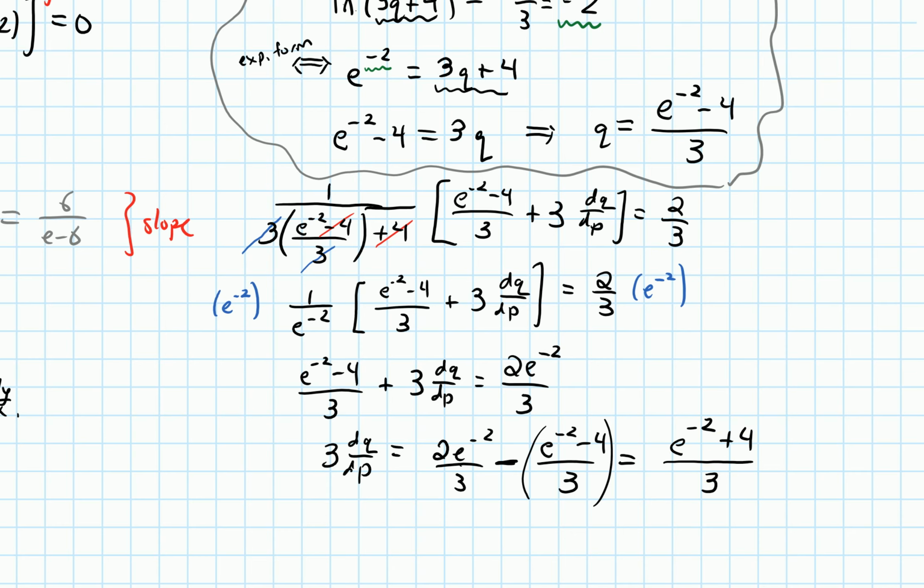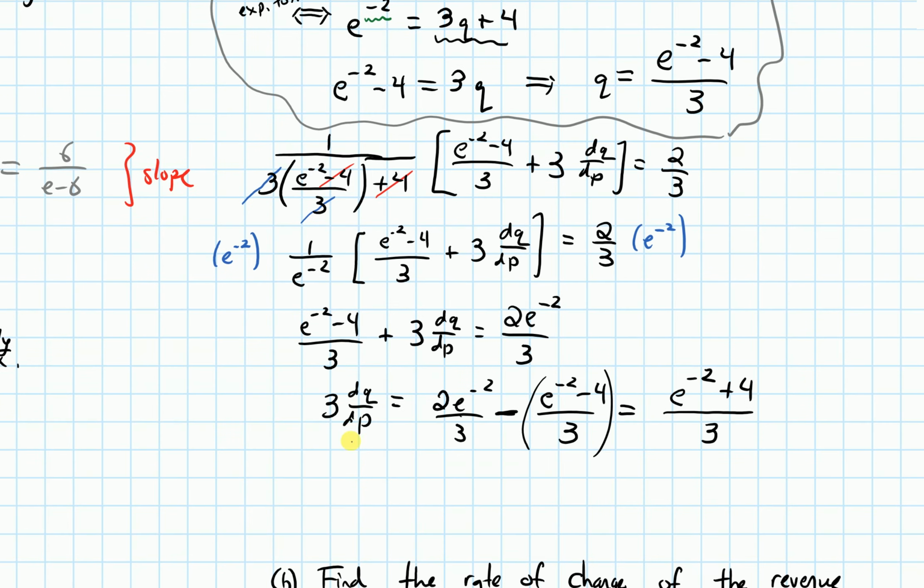Now to get dq dp isolated, we just need to multiply both sides by 1/3. I'll multiply this side by 1/3, and if I do that, I have to multiply this side by 1/3. Let's do that on the next line.